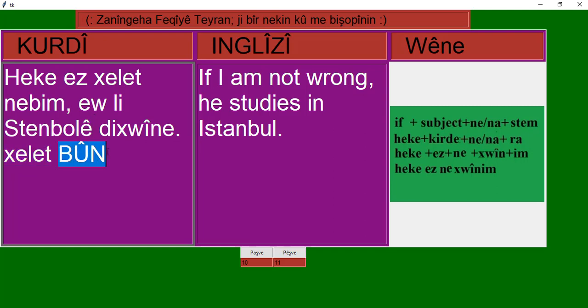It is only b, and in the positive sentences it was actually bibim. Heka as khalat bibim. It is like if I am wrong, khalat bibim. When you want to convert these to negative, like this, we created a negative form of these sentences also, and that's it.